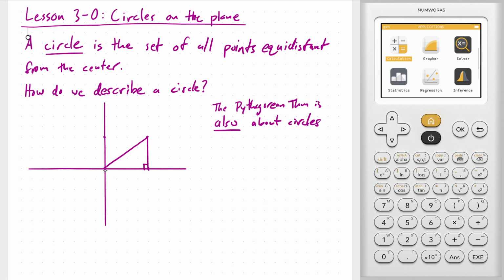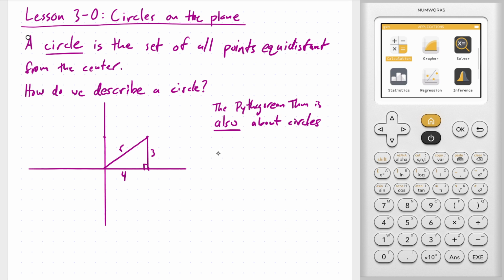So you see I have this right triangle right here. Let's determine the lengths. This length is 4. This length right here is 3. And then we have this length here, and I'm going to call it r.